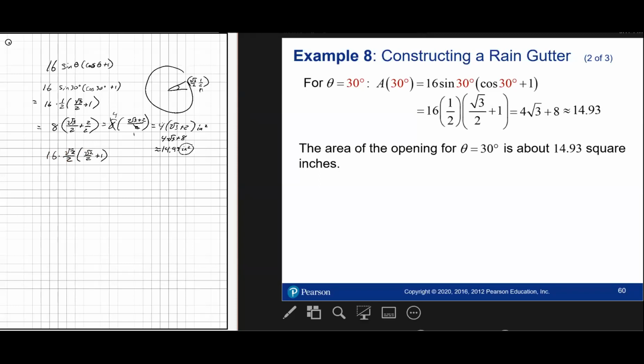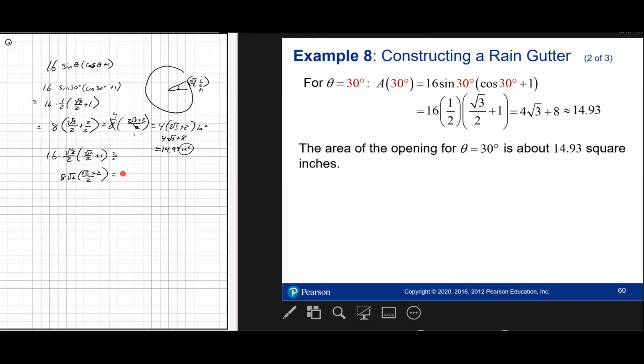Well, this multiply gives us the 8 square roots of 2, changing this to 2 over 2. So my numerator becomes square root of 2 plus 2 divided by 2.